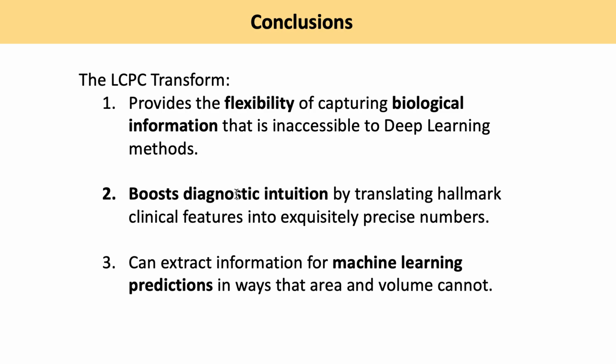Secondly, the LCPC transform boosts the diagnostic intuition of the clinician, because it translates the hallmark clinical features into exquisitely precise numbers, much more precise than current methods allow. And lastly, whatever we can measure consistently, we can develop a machine learning model to predict. The information that we extract from the LCPC transform can develop machine learning models that can do things that area and volume simply cannot.